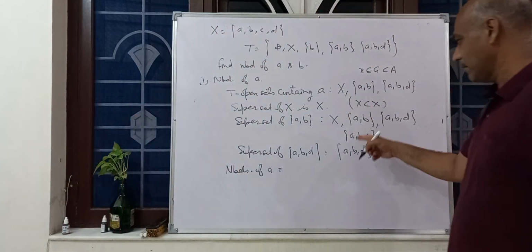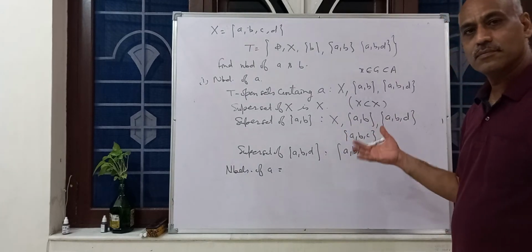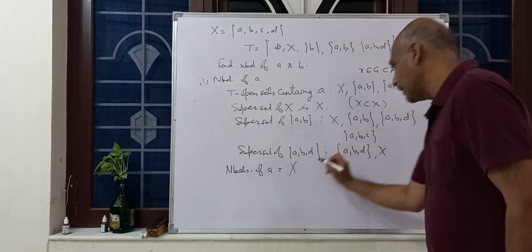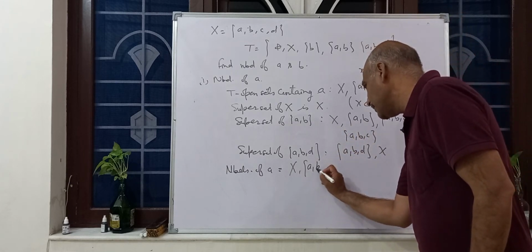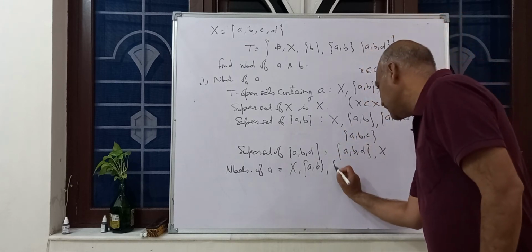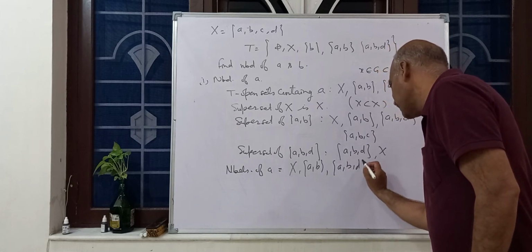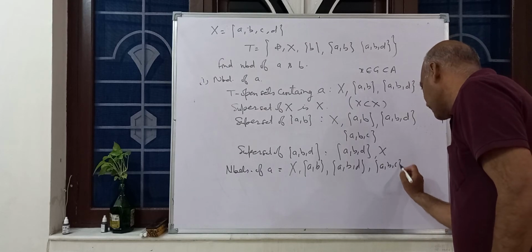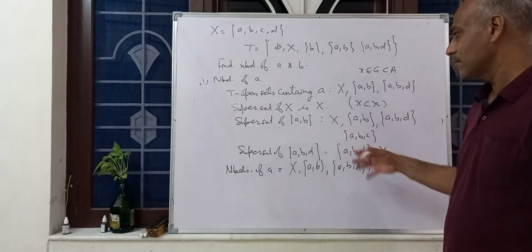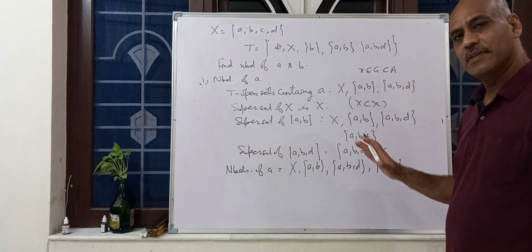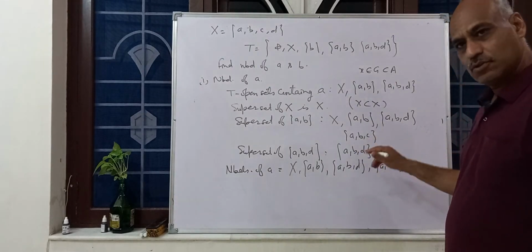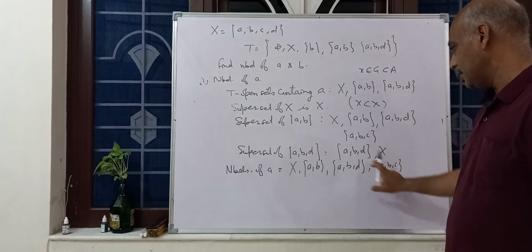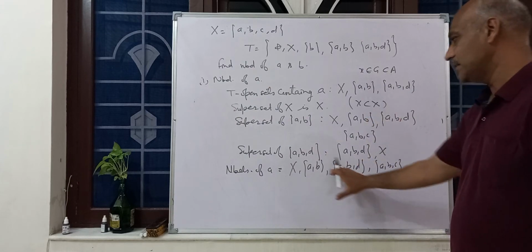We take all the sets together: X, {A, B}, {A, B, D}, {A, B, C}. All sets we write here; if a set comes two or three times, we will write it one time. So these are the neighborhoods.